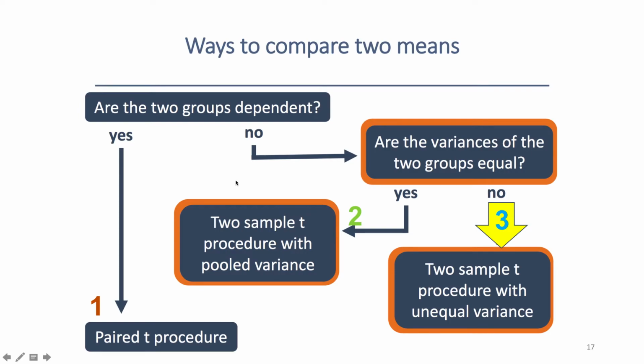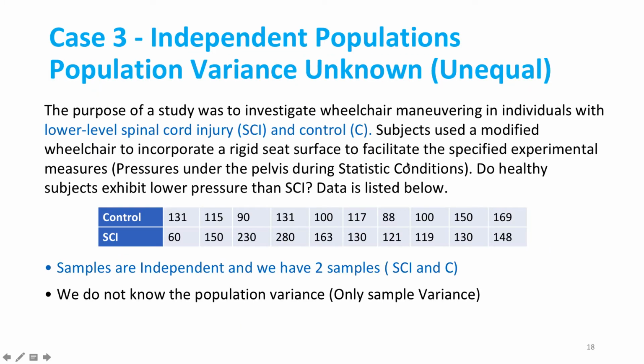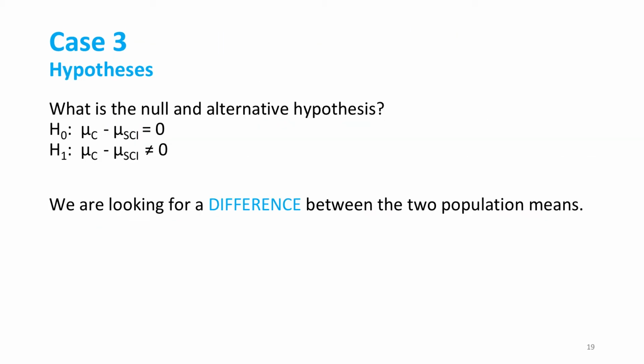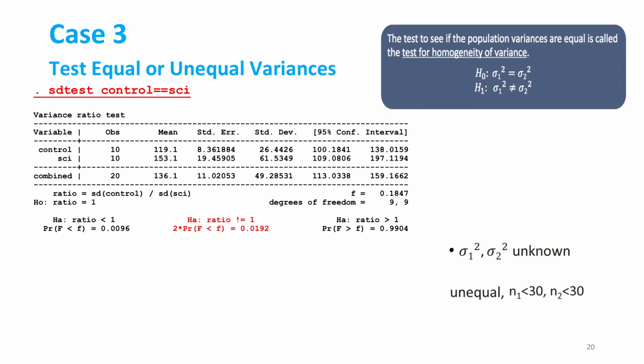The two groups are independent, and the variances are not equal. Here I just tweaked the data from the last one, so the variance is different now. This time we're looking for the difference between the two populations. Now we're doing the SD test.